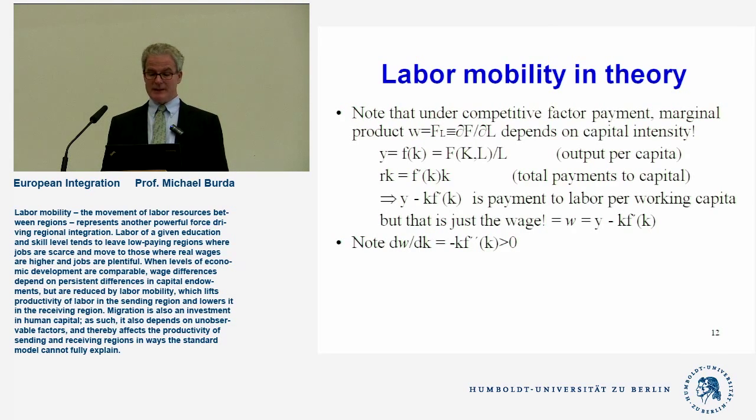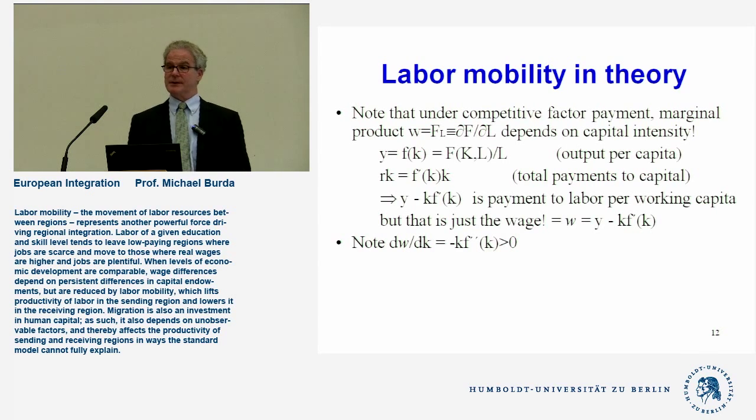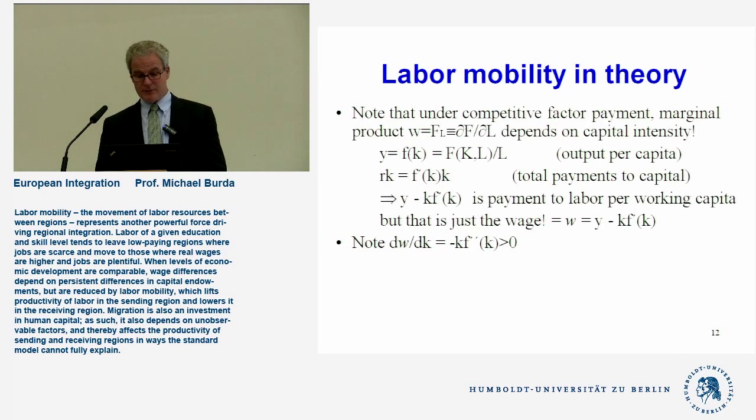And what's left is basically the second derivative of the production function, which is by assumption negative, because it's a concave intensive production function. So minus times a minus is a positive. So increasing the capital intensity, which is the outcome of investment given labor, would raise the wage. It would also raise the wage in Poland.